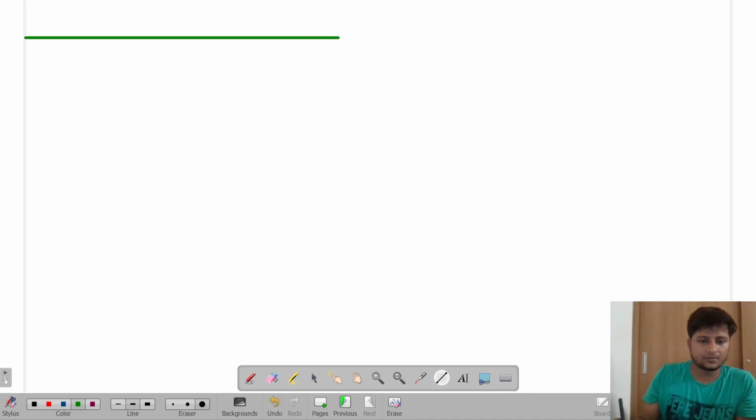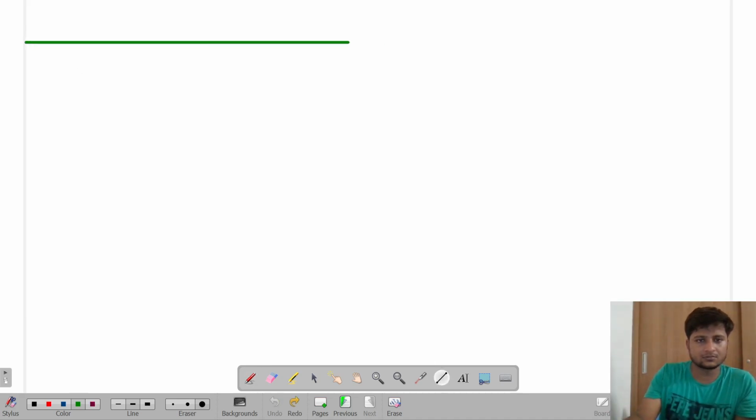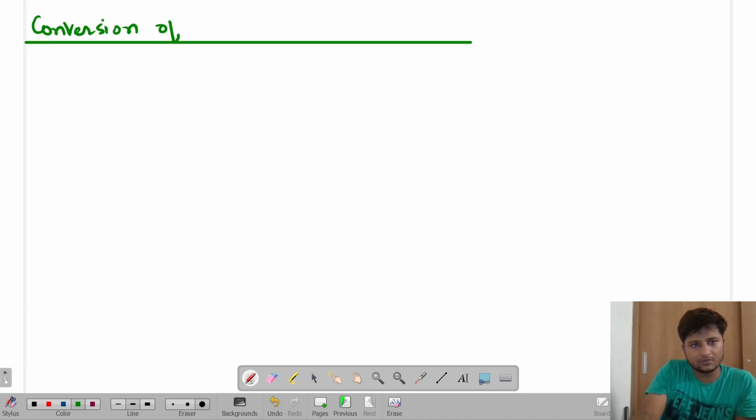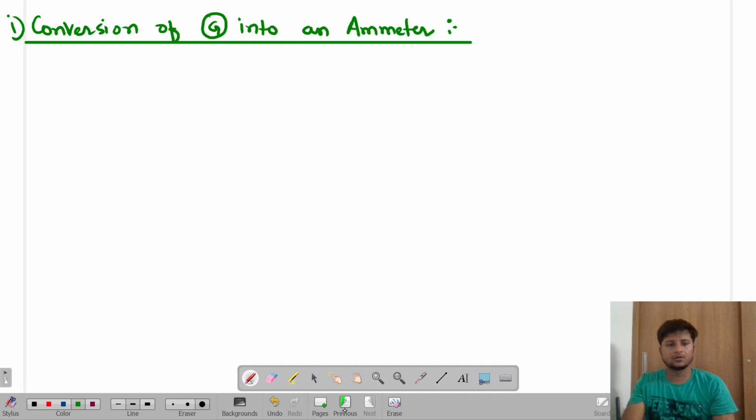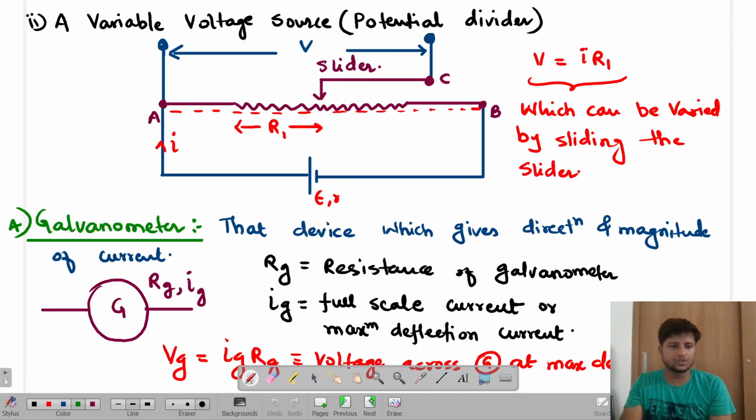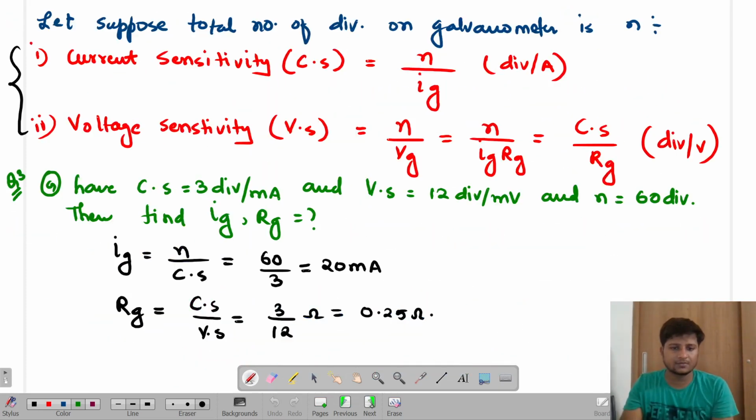First case: conversion of galvanometer into an ammeter. We understood many things about a galvanometer, isn't it?